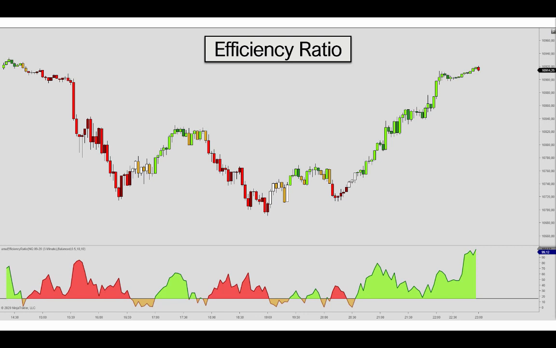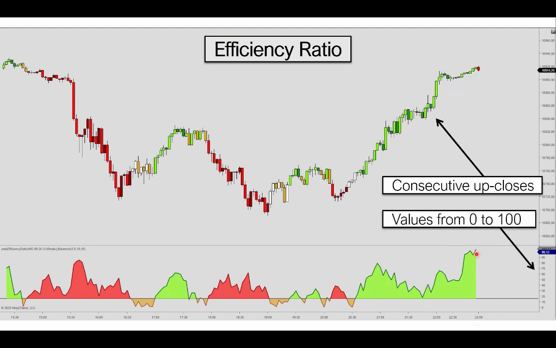Basically, the efficiency ratio compares momentum with volatility. So in a perfect trend, all bars will close in the same direction. The efficiency ratio will then show values approaching a 100 level here. A perfect sideways market without momentum in either direction will have values of 0.